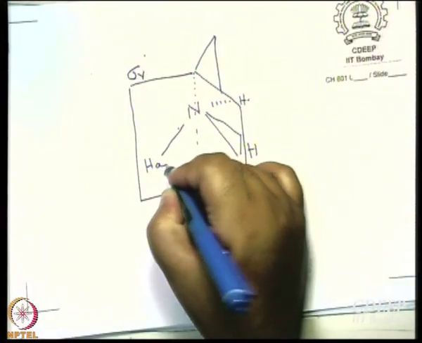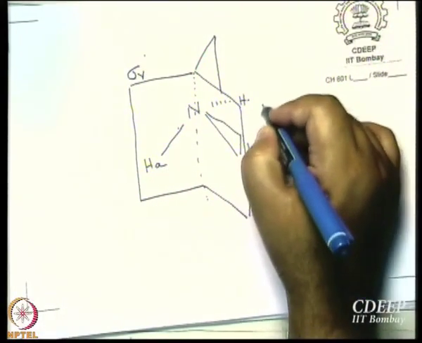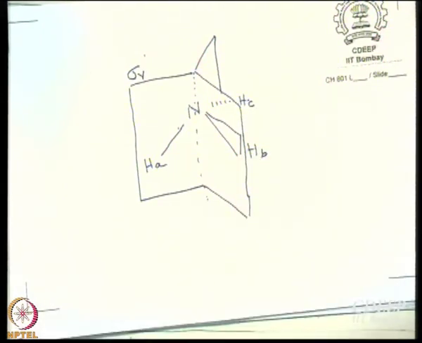I will call them HA, HB, HC. First of all, the nitrogen does not change place, right? What about HA? Does HA change place? No. What about HB and HC? They change places, right? So that is the action of sigma V.